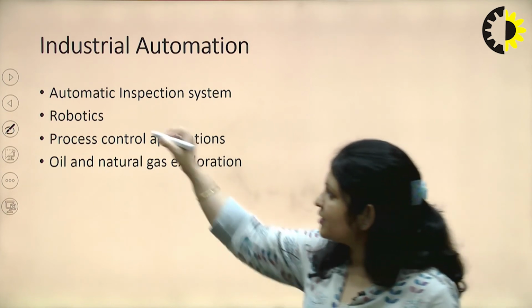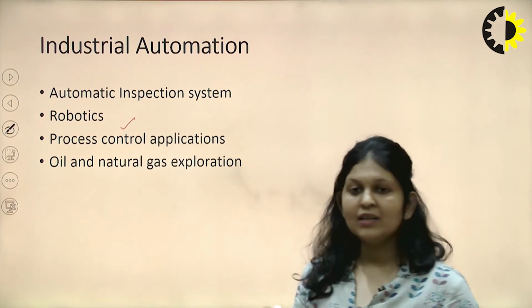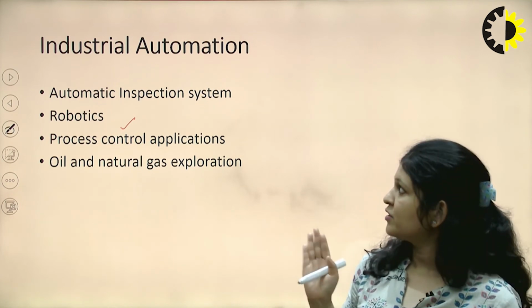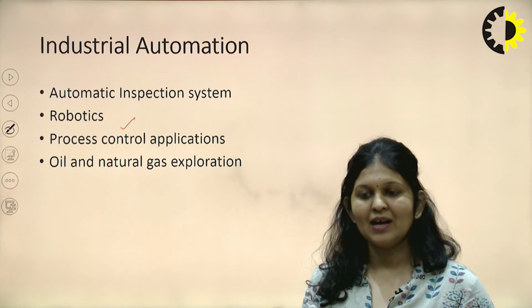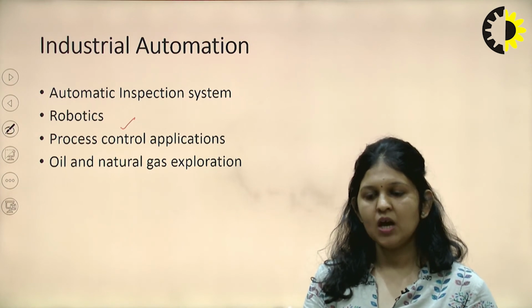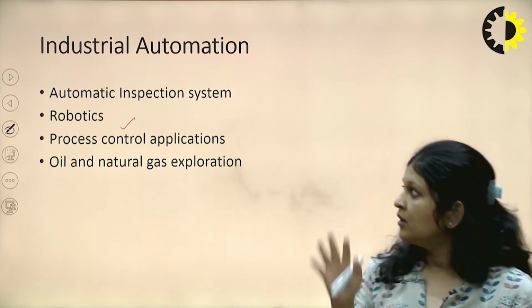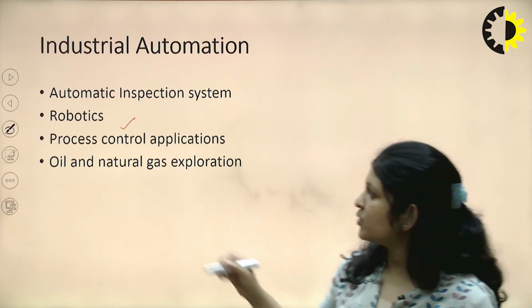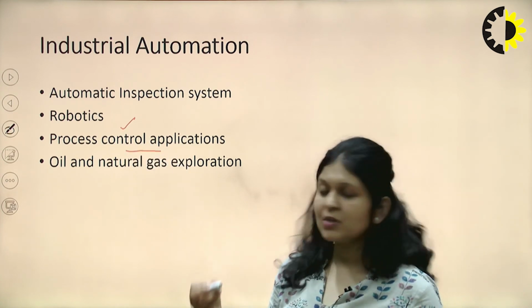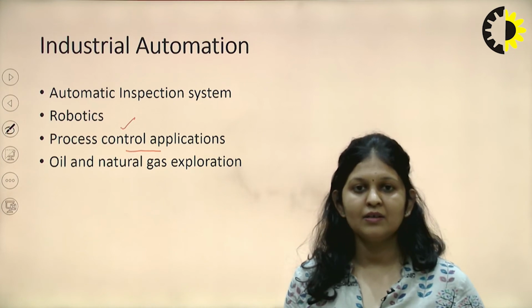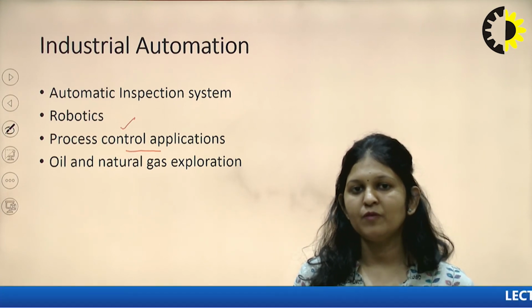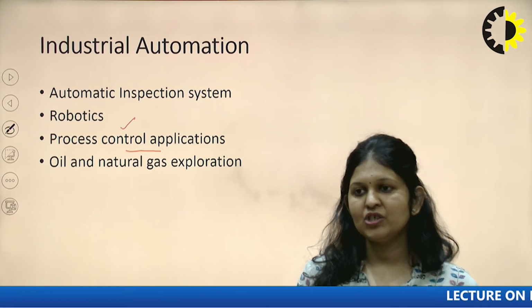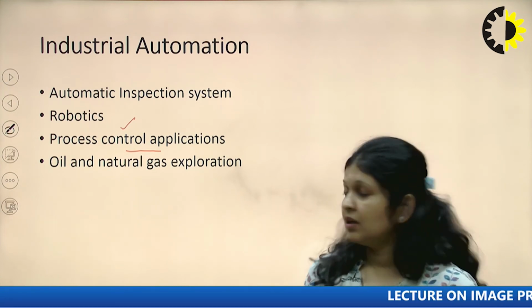Then robotics, we can work in the office and in industrial automation, like robots can be guided through the images on how they have to work within an industry. Process control application, the various processes that are followed in an industry can be controlled and checked using the images.